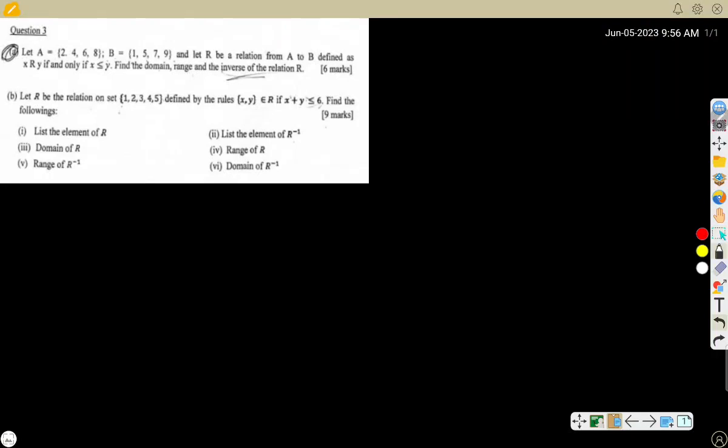So yeah, let's solve this relation question. Now 3a.